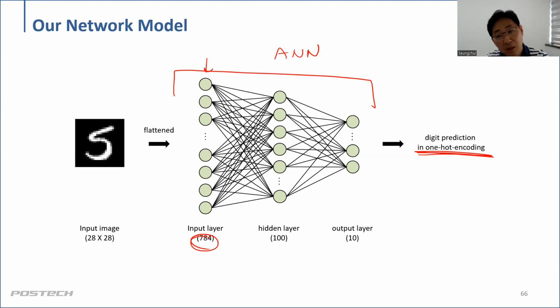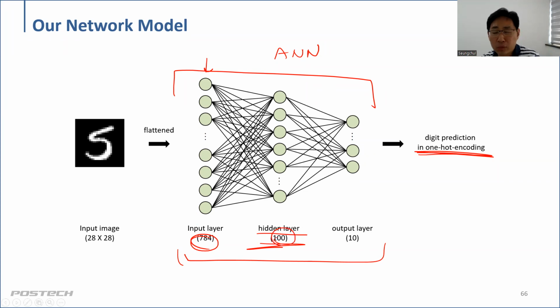And the number of hidden layers, that's a structured design. It really depends on you how many hidden layers we're gonna have, or for each layer how many neurons we're gonna put. I'm not sure whether this network is optimized or not, but I'm just gonna have one hidden layer with 100 neurons.